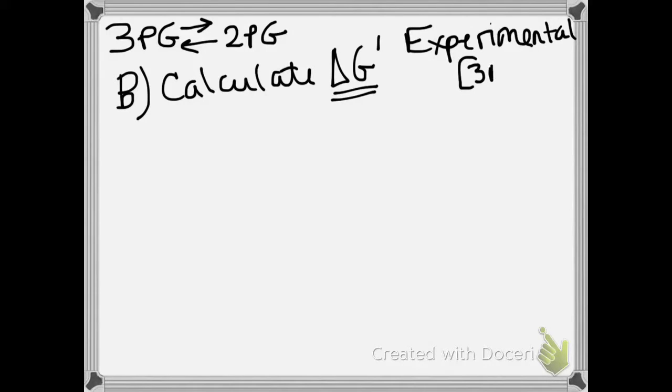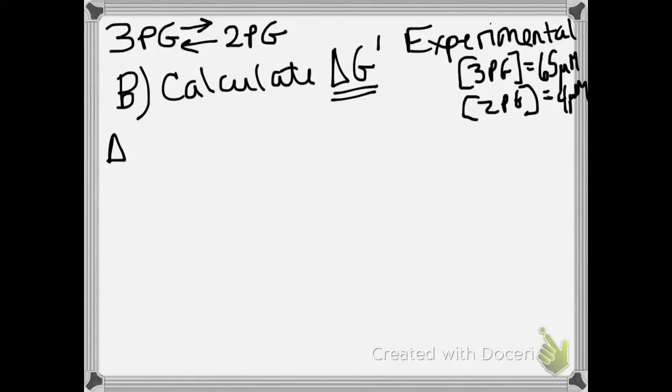Remember, the numbers that we're to take into account are the concentration of 3-phosphoglycerate and the concentration of 2-phosphoglycerate, in a red blood cell. And so this part is a little bit more complicated. I'm going to try to write a little smaller so I can fit it on here.